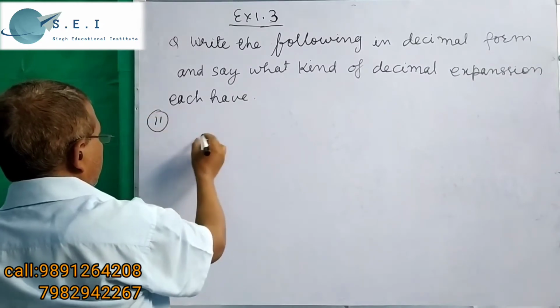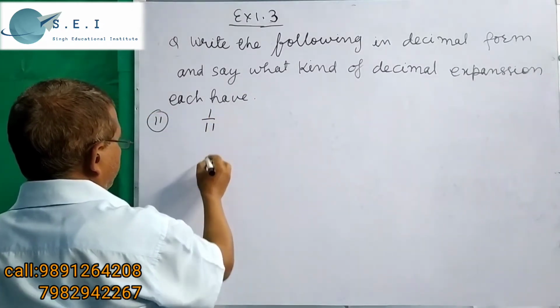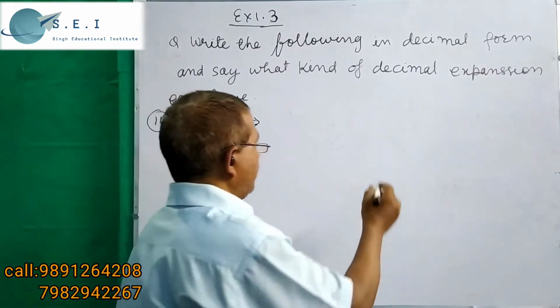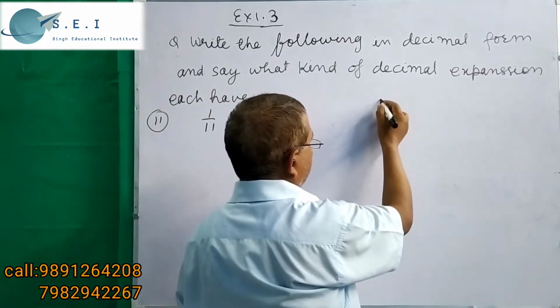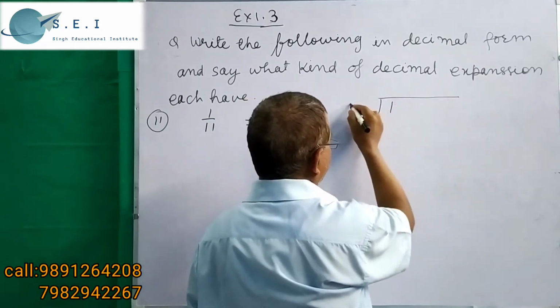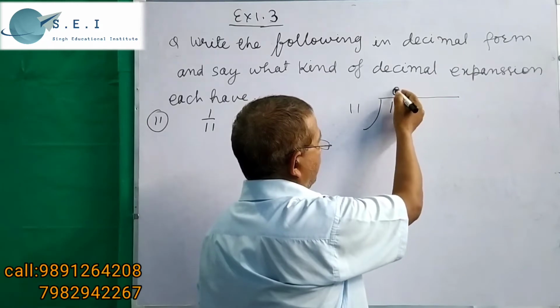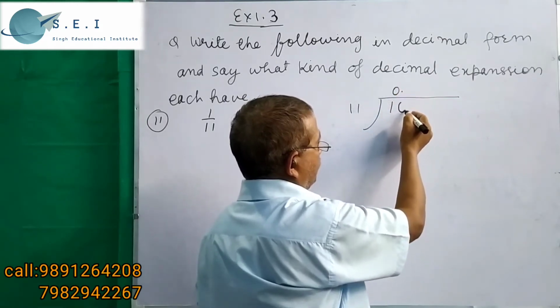Question number 2, 1 upon 11. To decide the decimal expansion, we actually divide 1 by 11. So write here the decimal and 0.